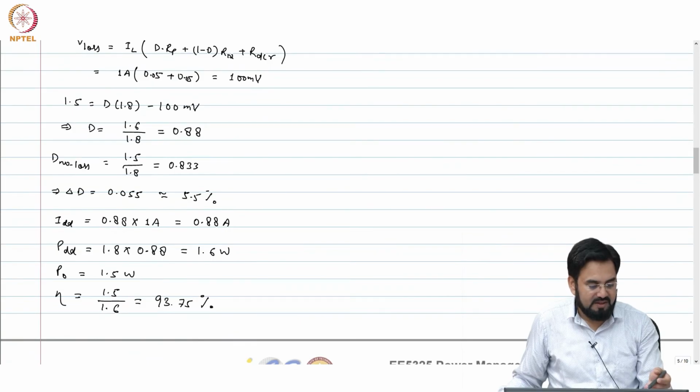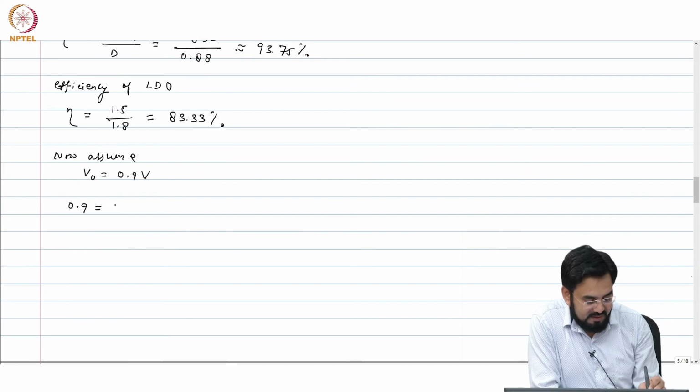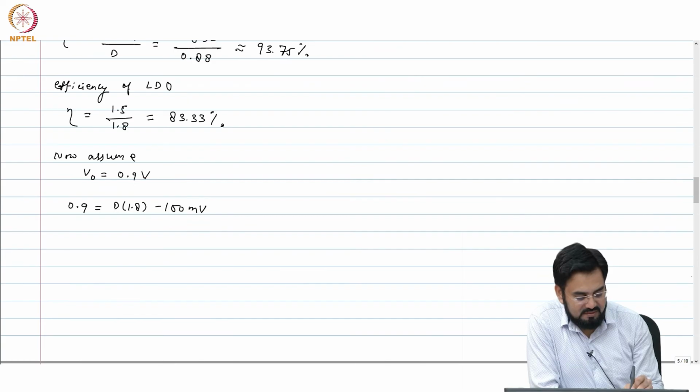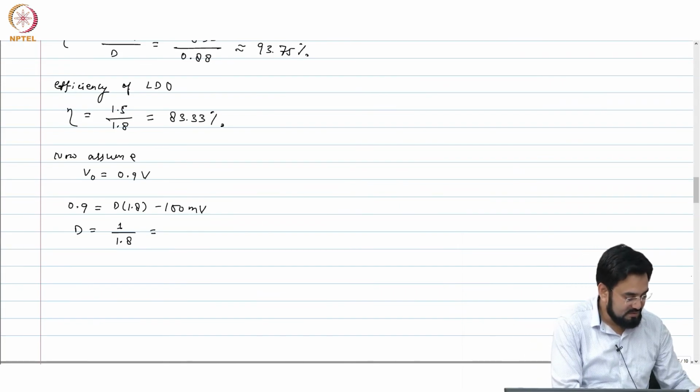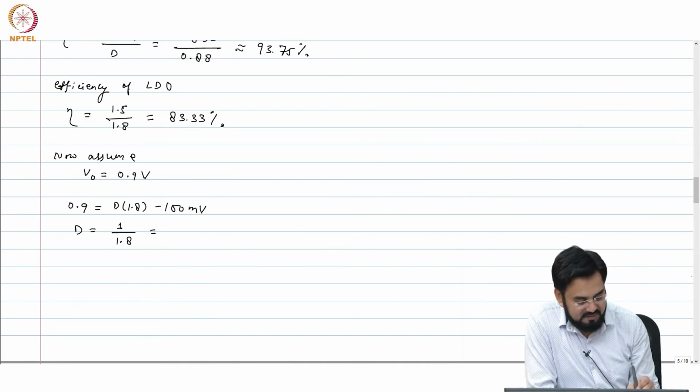So from the same formula, only this factor will change. 1.5 will become 0.9. So 0.9 equals D times 1.8 minus 100 millivolts. So D is 1 over 1.8. How much is this? 55.55.